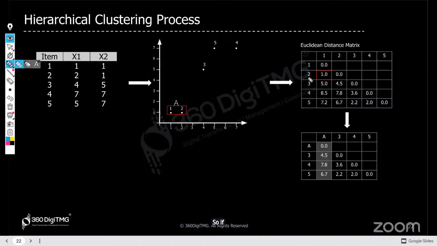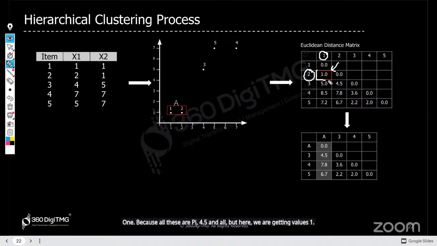If you see, 1 and 2 are the closest, because all these are 5, 4.5 and so on, but here we are getting the value 1. Since this is the closest, we will cluster these two data points and make them one cluster.